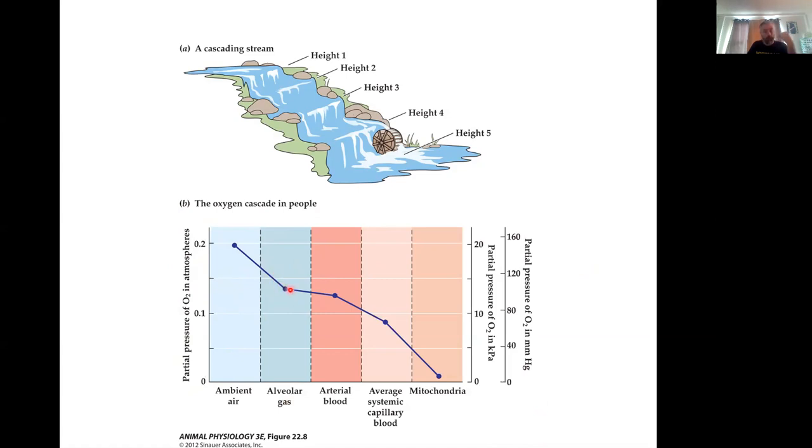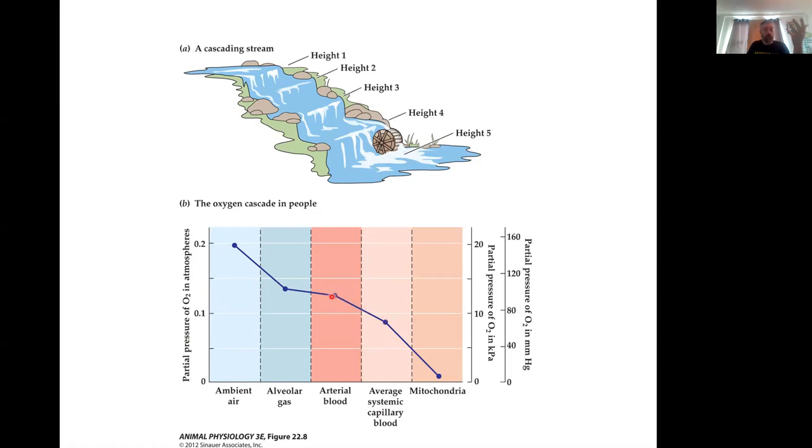And so it is only this pressure that we can use to drive oxygen into the blood. All right, so here's the first drop off in our cascade from atmospheric air to the gas in your lungs. There's a small drop off from lungs to blood, and then a big drop off from blood to the interstitial tissue, interstitial fluids.